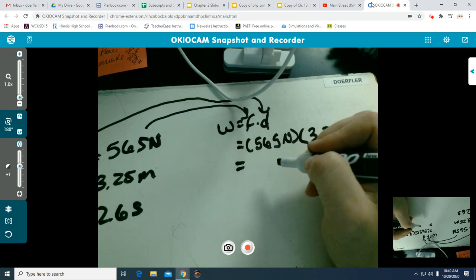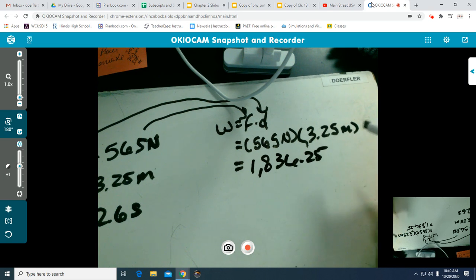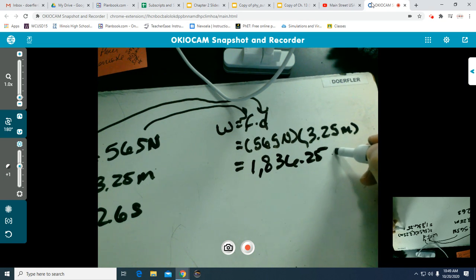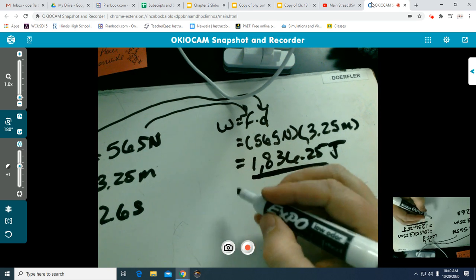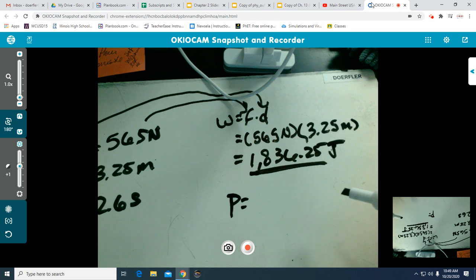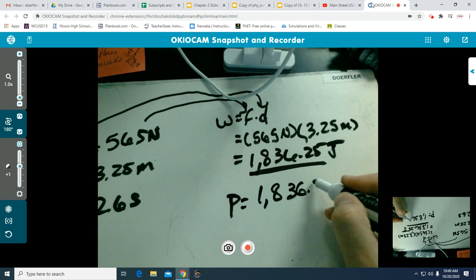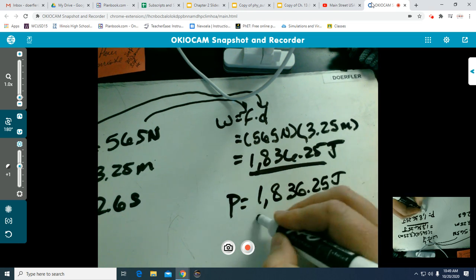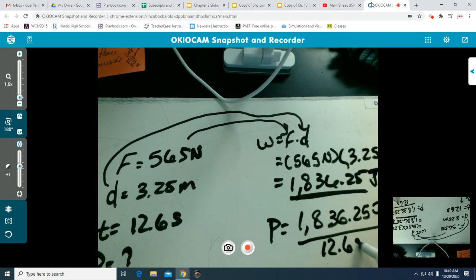What do we get here? 1,836.25. That's going to be joules. Okay. So we now have our work value. So now we can calculate power because it's work divided by time. So take what we calculated, 1,836.25 joules, and divide it by the 12.6 seconds that we saw.